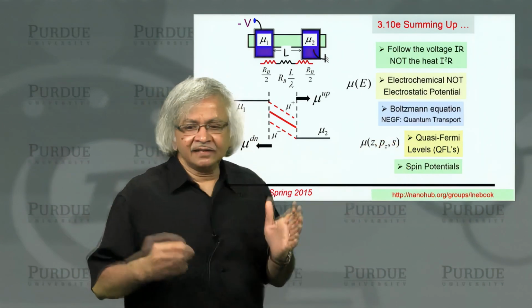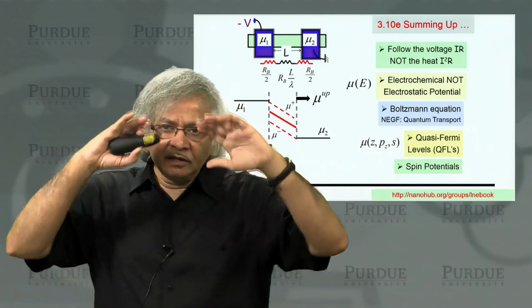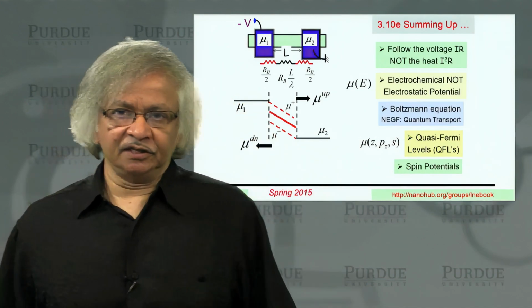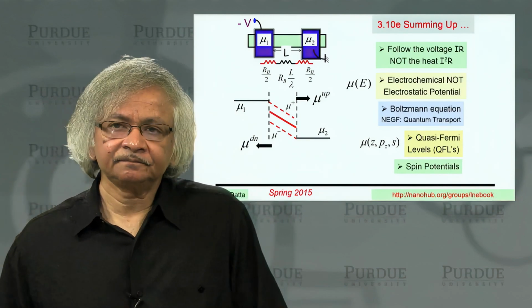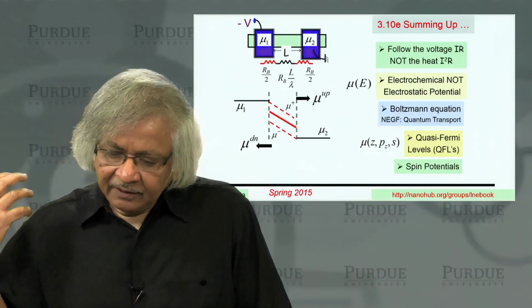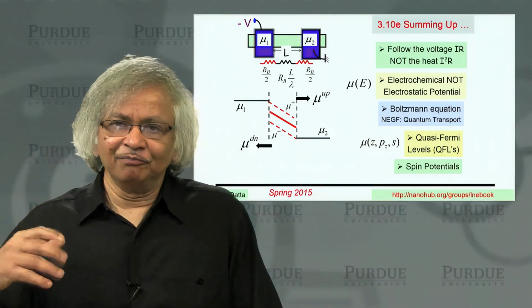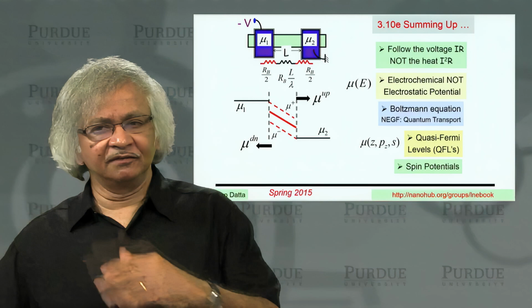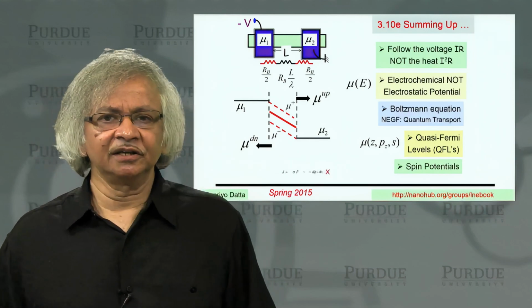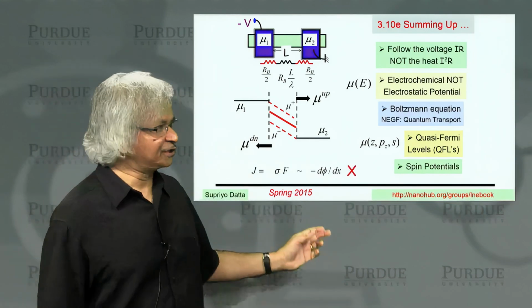And all this gives you a very useful physical picture in terms of thinking about how current flows on this scale. All this rich physics you miss if you say that quasi-Fermi levels are too complicated, and we'll just think in terms of electrostatic potentials.